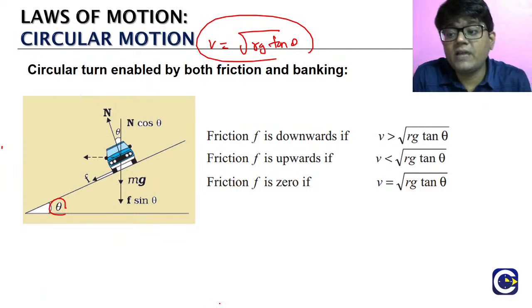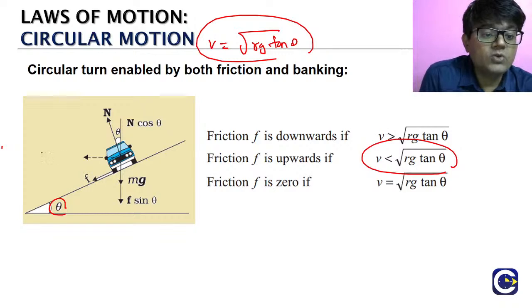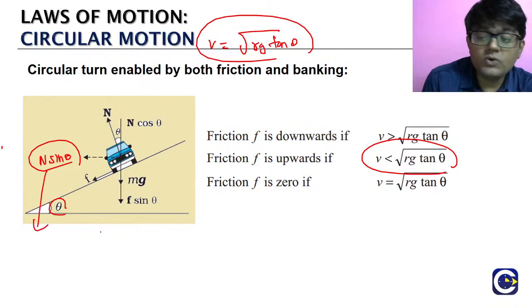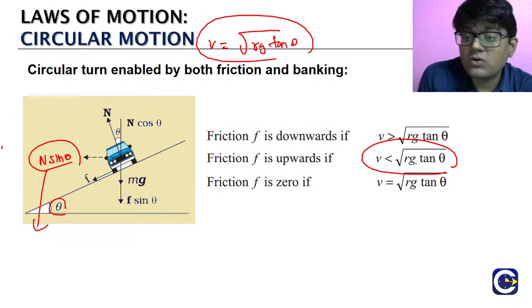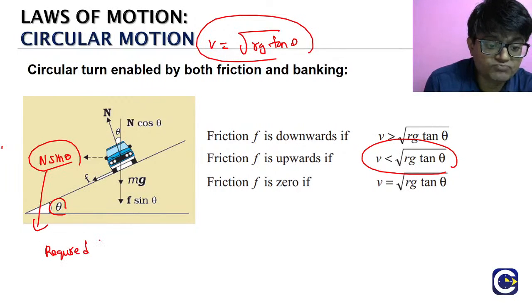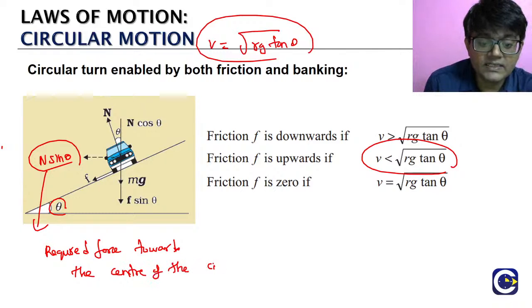Here you have the component of the normal reaction, N sin theta. If your velocity is less than root rg tan theta, what is it? The required force towards the center of the circle is less.